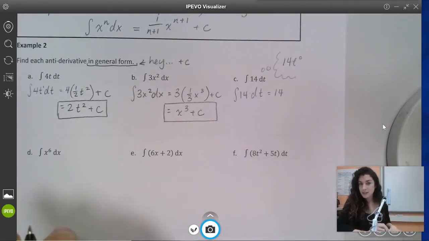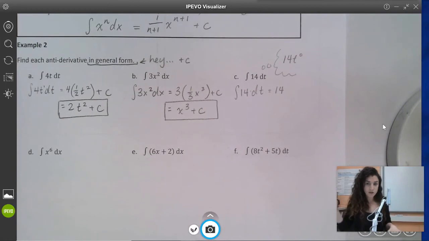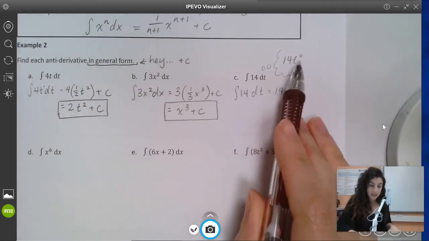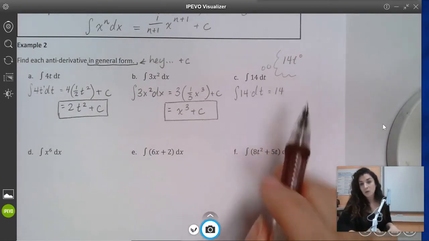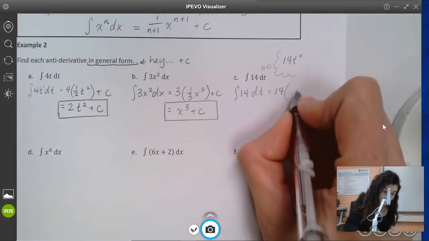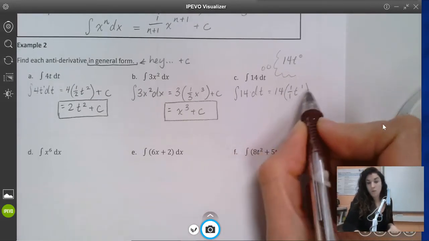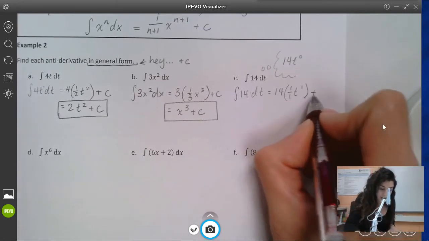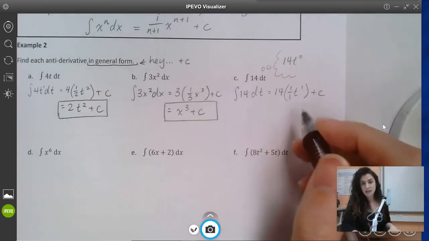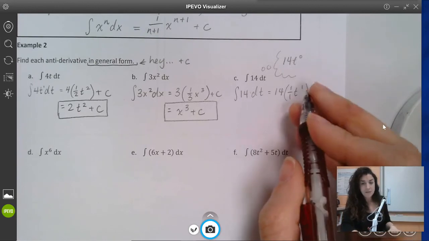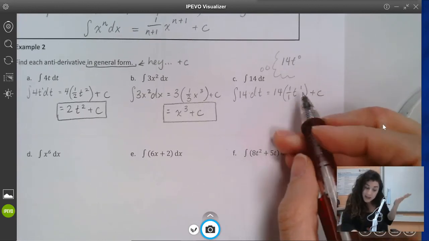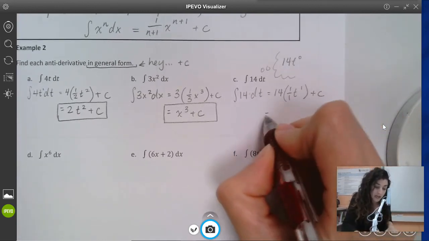Right? If it was t to the 0, it would just be 1, so it just goes away. So there is no t. So t to the 0 plus 1 would be t to the 1. And then we would just do 1 over that new exponent, which is 1, and then plus c, which is a whole lot of writing that we don't actually need to write, but maybe helps us with our thought process. Who knows?